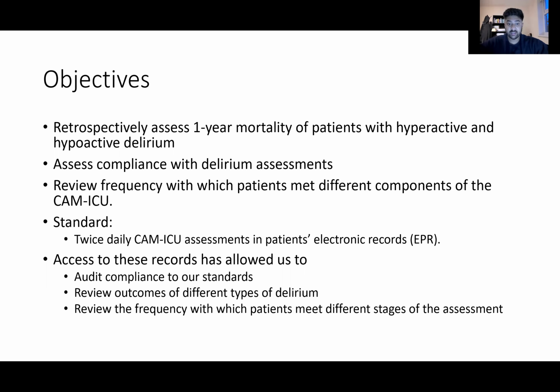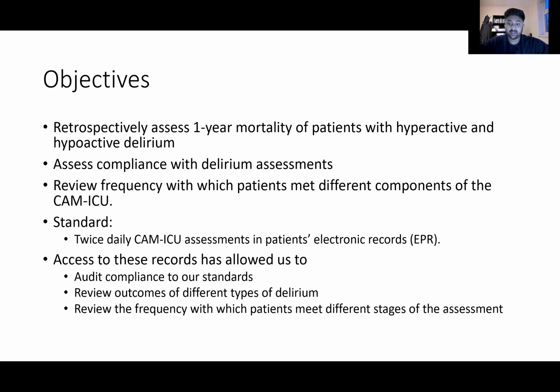Now, this is a very critical care orientated audit, but delirium is something that many patients suffer from throughout the hospital. So I think there are learning elements from this that can be used in all aspects of healthcare. The standard that we set was to have twice daily CAM-ICU assessments, which meant that we could recognize patients with delirium as it's an intermittent presentation.